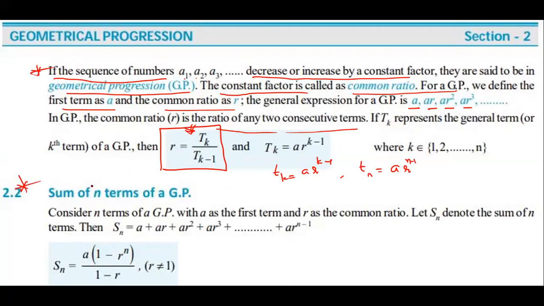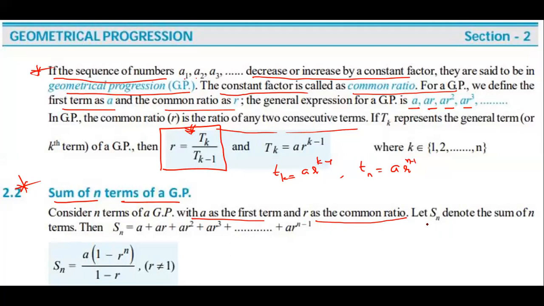Sum of n terms of GP. Yesterday we discussed the sum of n terms of AP. So here also, what is the formula? Consider n terms of a GP, dear students, where a is the first term and r is the common ratio.